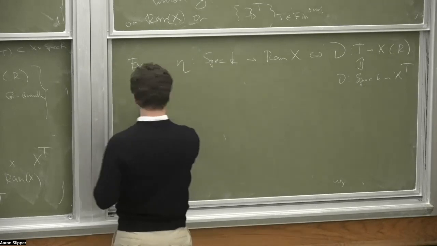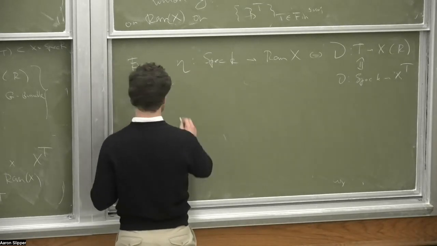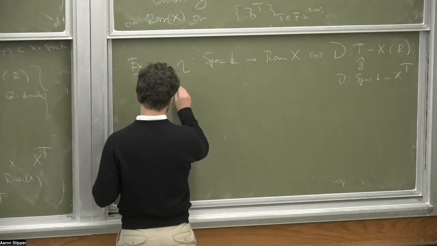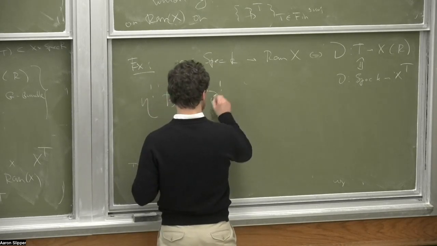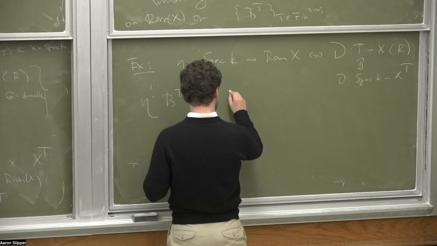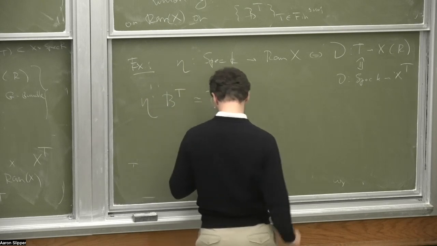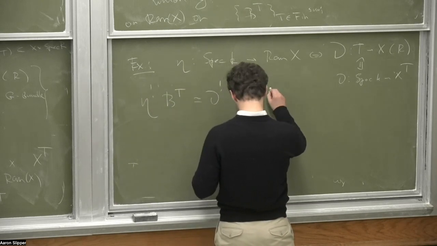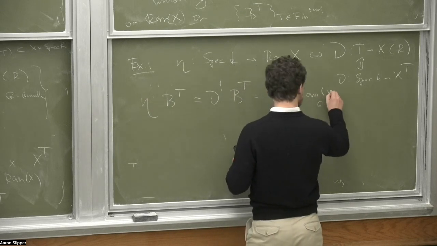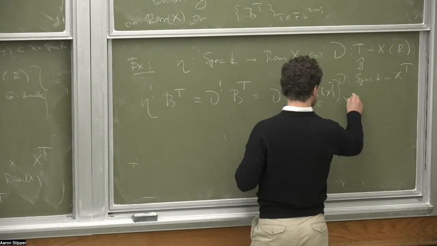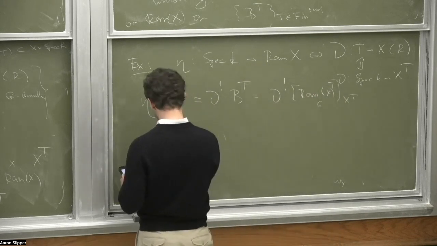Now, so what is the sheaf stalk with respect to eta or PT? So this is the same as near break B on T. So by definition, it's this. So what is this?